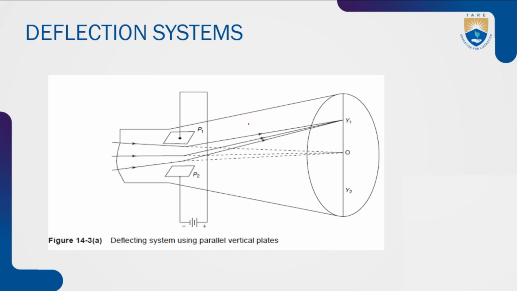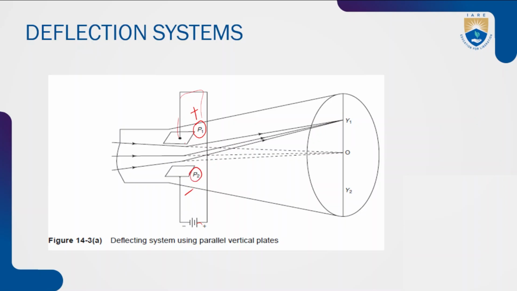Here we have two deflection plates, P1 and P2. One deflection plate is connected to positive potential, whereas the second is connected to negative potential. If you observe here, P1 is connected to positive potential, whereas P2 is connected to negative potential.